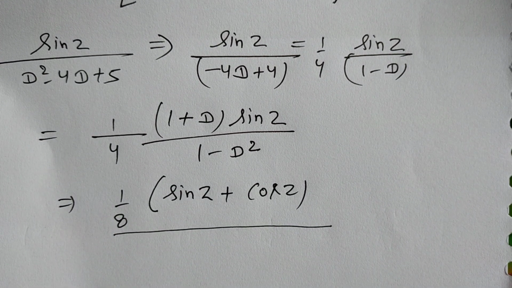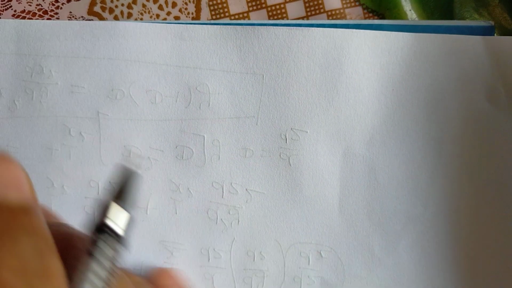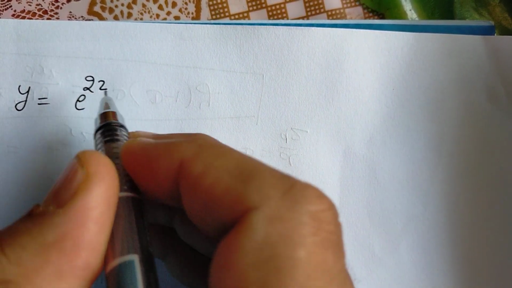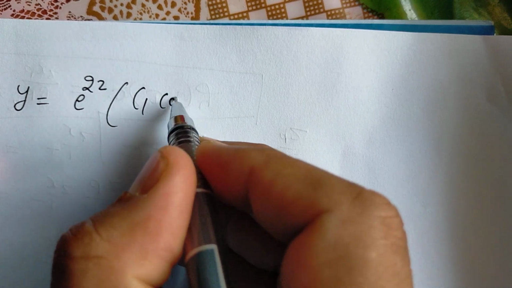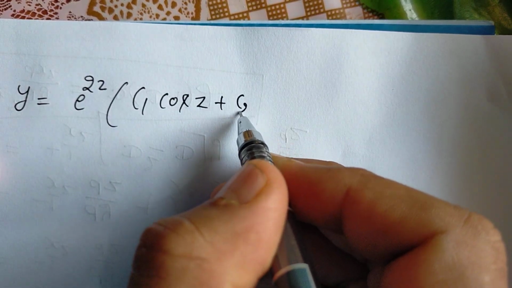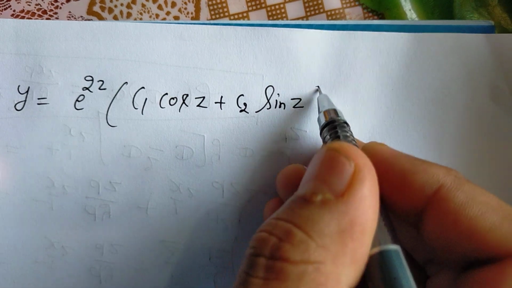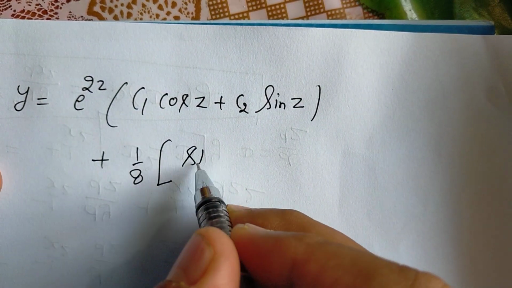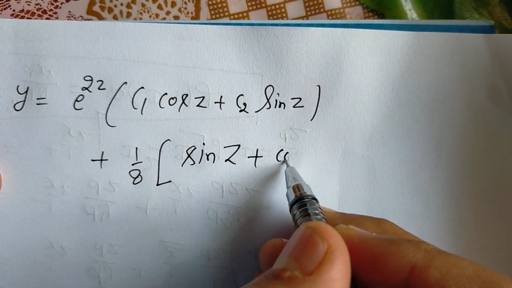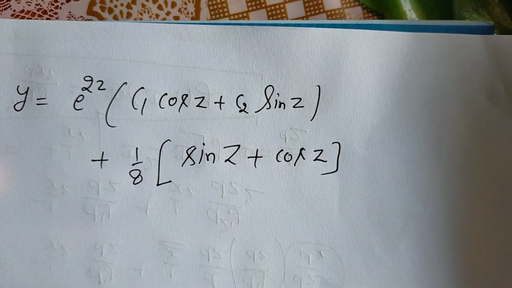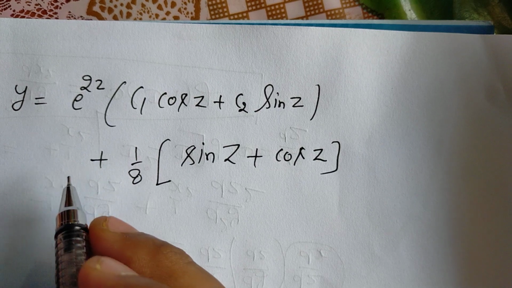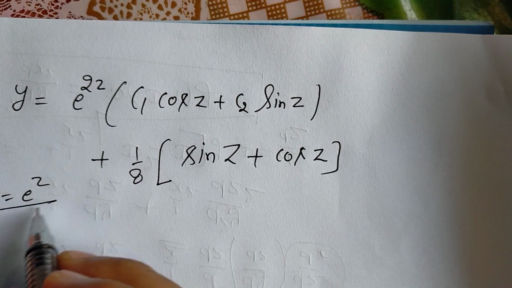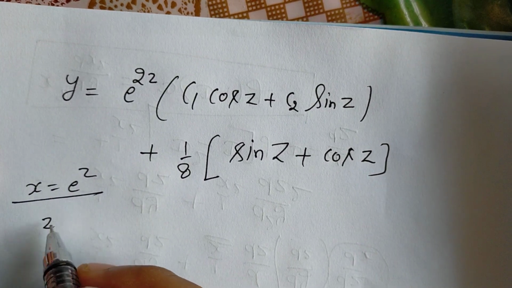Now we can write the general solution. So y will be the complementary function e power 2z, c1 cos z plus c2 sin z, plus 1 by 8 sin z plus cos z. So now we change from z to x variable. So x equal to e power z, so z equal to log x.